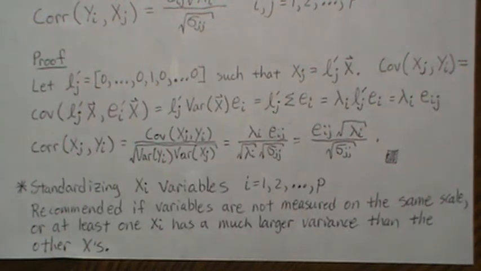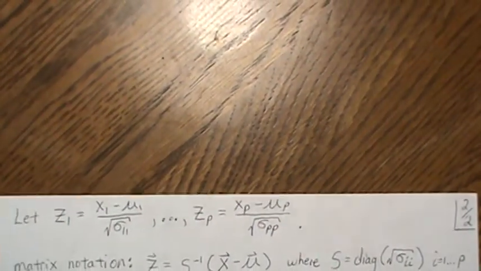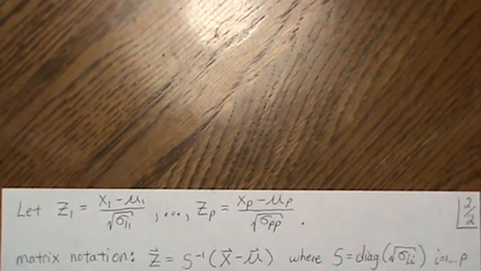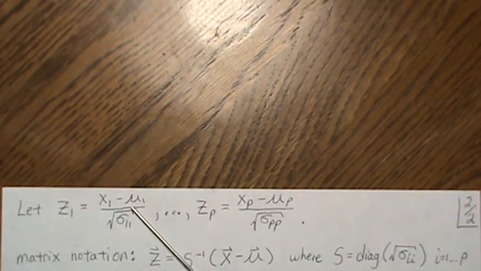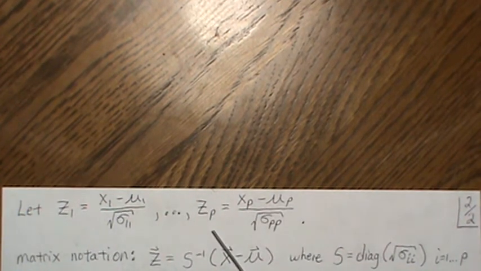So it's going to be associated with a principal component, and it might not be the smartest thing to do. So what we do is we standardize the variables. We subtract the mean from each and then divide by the standard deviation. And we come up with these Z's, Z1 through ZP.